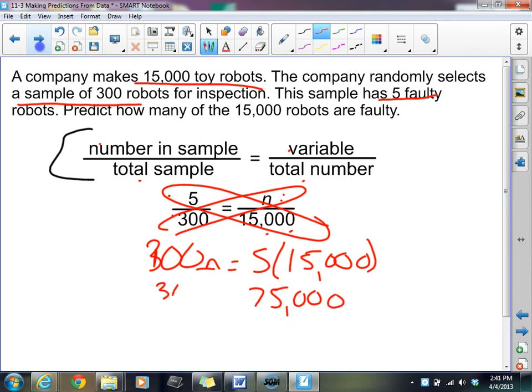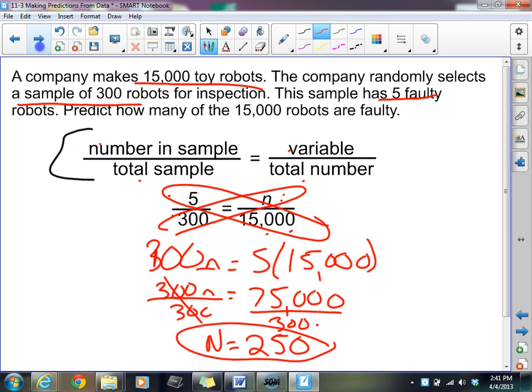So I have 300n equals 75,000. So I'm going to divide by 300 to get my n by itself. And so n, when I divide this out, is going to be 250. So this company can expect to have 250 robots that are faulty out of their total number of 15,000.